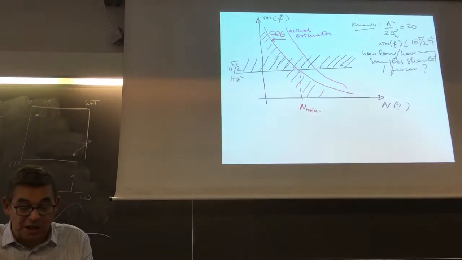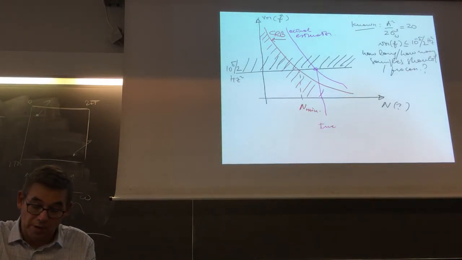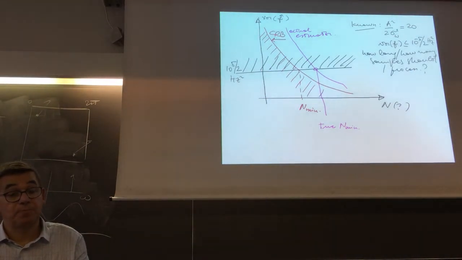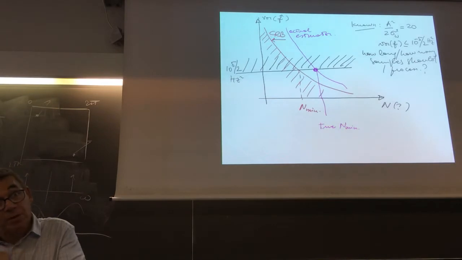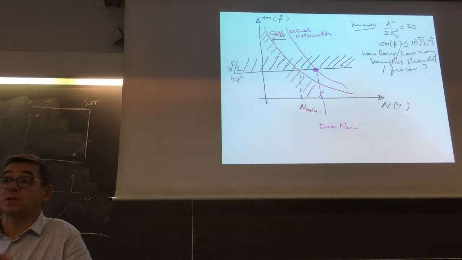So if the actual estimator is this, then this is the true minimum. Because that true minimum is the minimum number of samples that you need for the true estimator.